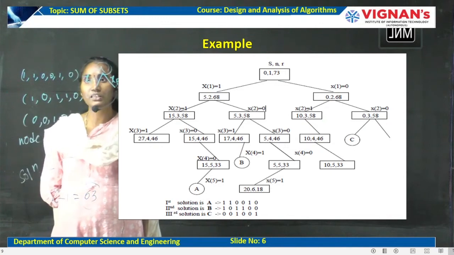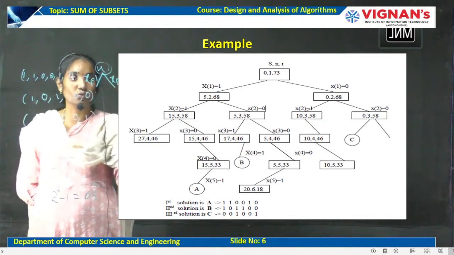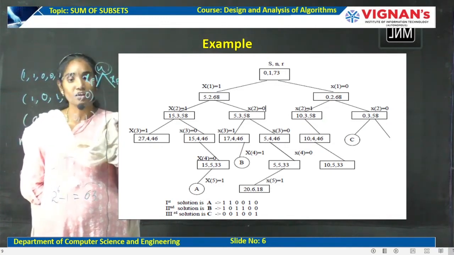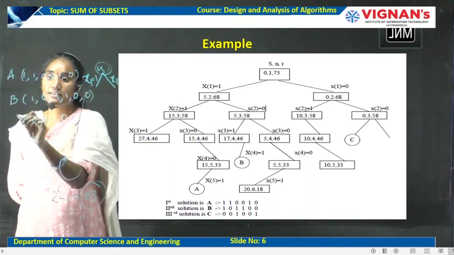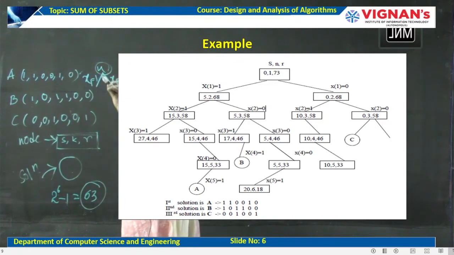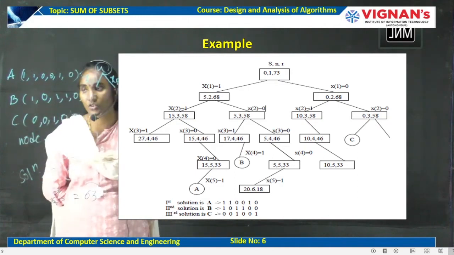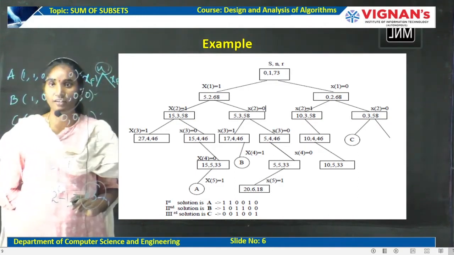So here, if you have seen clearly, 1 1 0 0 1 0 is our A, this is our B, and this is our C. So wherever I am generating a solution, I'm keeping a circular node and writing the name A. Likewise I have all these 3 solutions which I am depicting in this particular figure.